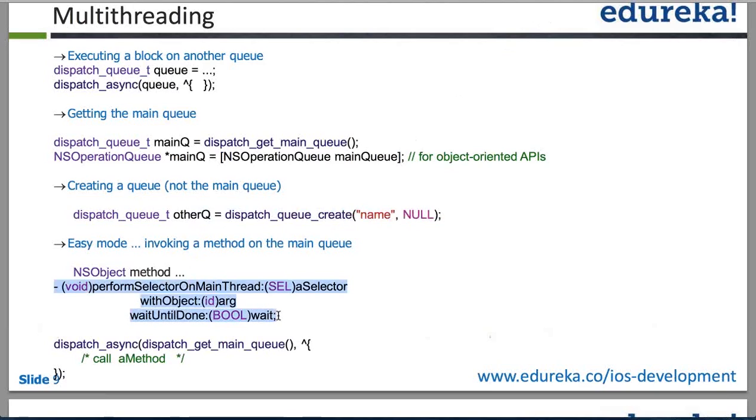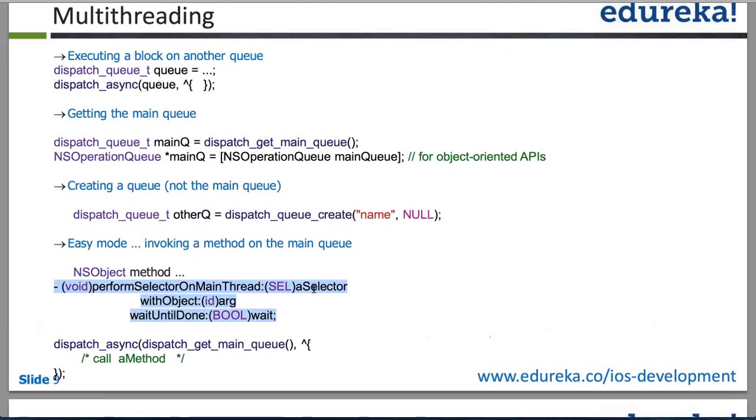So whatever the selector you give, you know, selector is a data type which is nothing but a string type of your method or a message. So you are going to give a selector, and you can always mention a parameter if you have any to this method. So this method will run this selector on main thread.